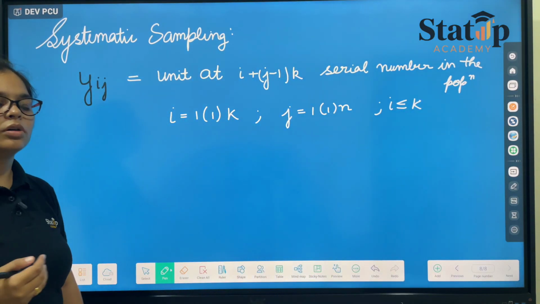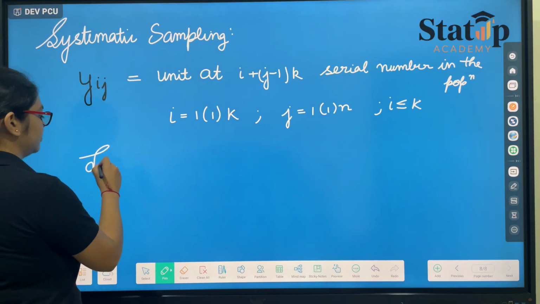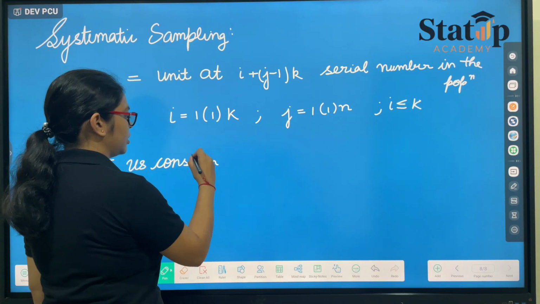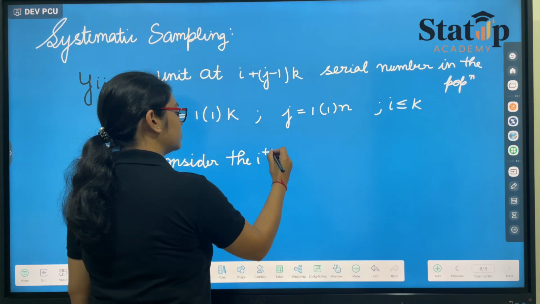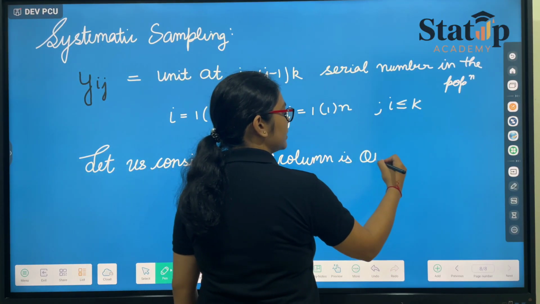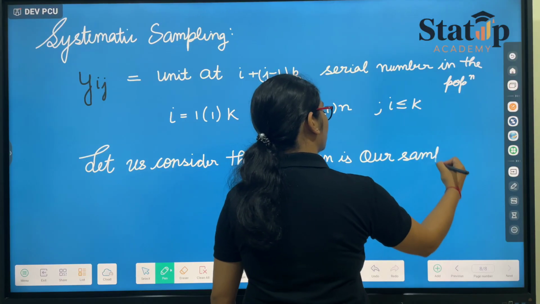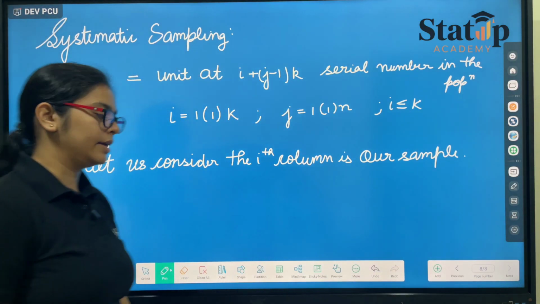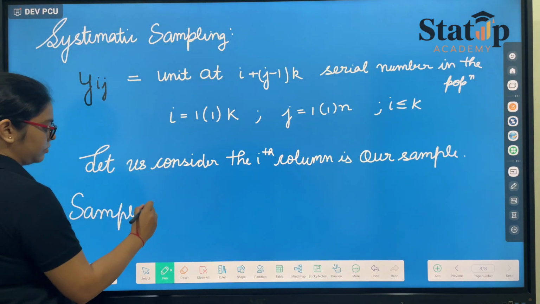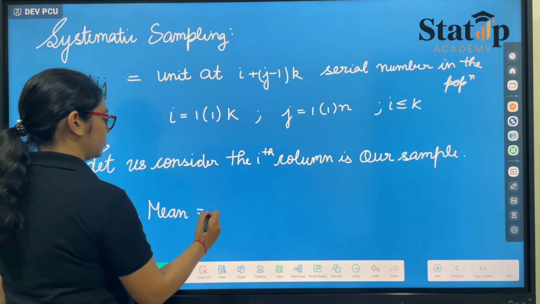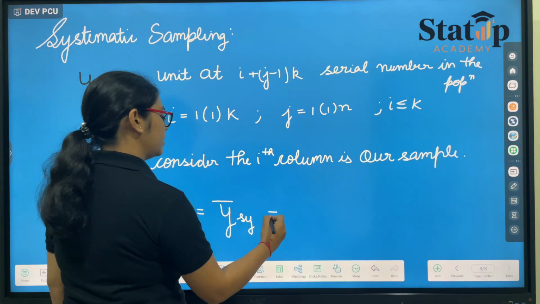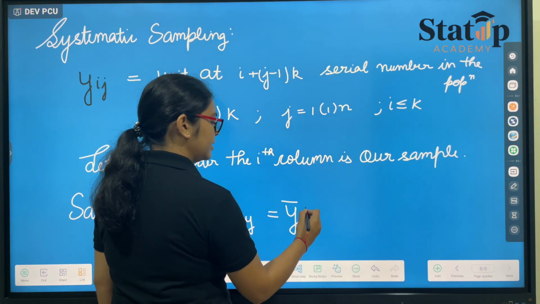This is it. Now let us consider the ith column as our sample. If we take the ith column as our sample, the sample mean we will denote as y bar systematic, or we can also write it as y bar i dot.